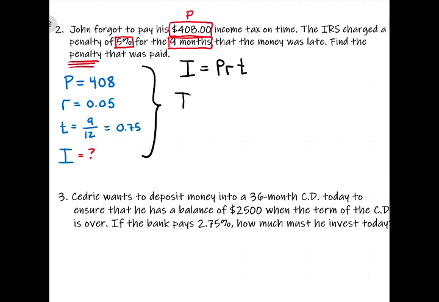Okay, so let's plug in our numbers. Interest equals 408, which is the principal, times 0.05, which is the annual interest rate, times the time, which is 0.75, or 3/4 of a year. This is a job for the calculator.